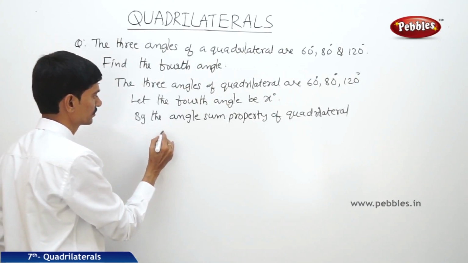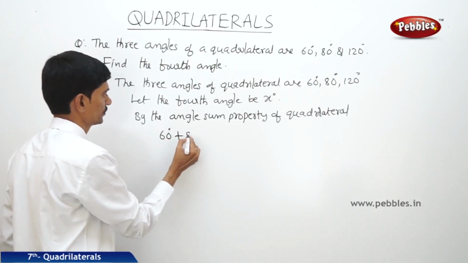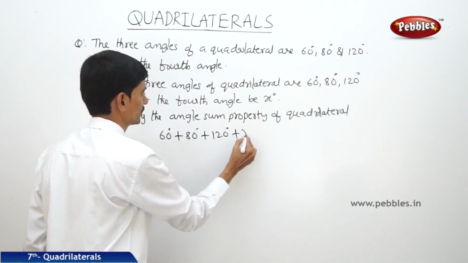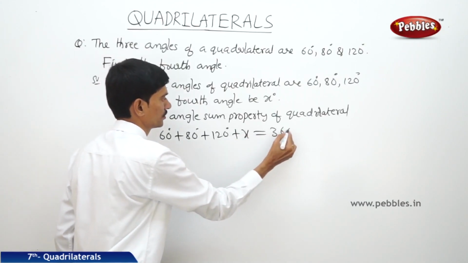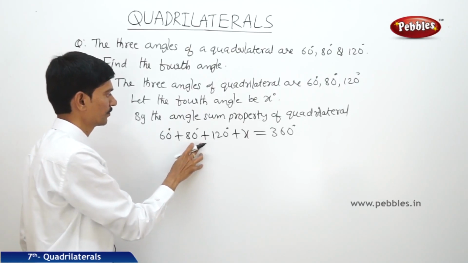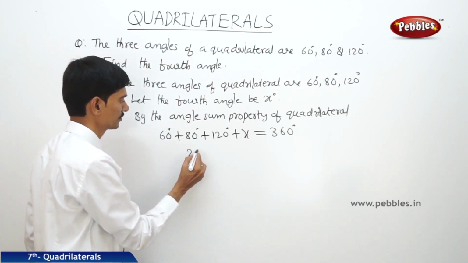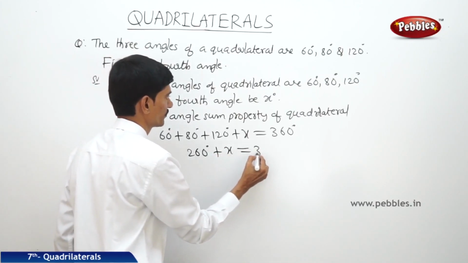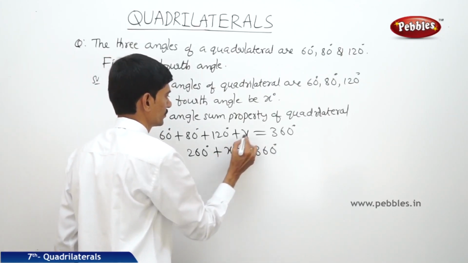So 60 degrees plus 80 degrees plus 120 degrees plus x equals 360 degrees. 120 plus 80 is 200, plus 60 is 260 degrees, plus x equals 360 degrees.